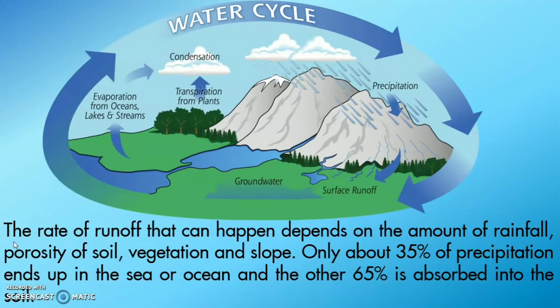Now, let's see the factors which affect the rate of runoff. Children, the rate of runoff depends on the amount of rainfall, porosity of soil, vegetation and slope. If the intensity of the rainfall is more than the infiltration capacity, then the rate of runoff is more.